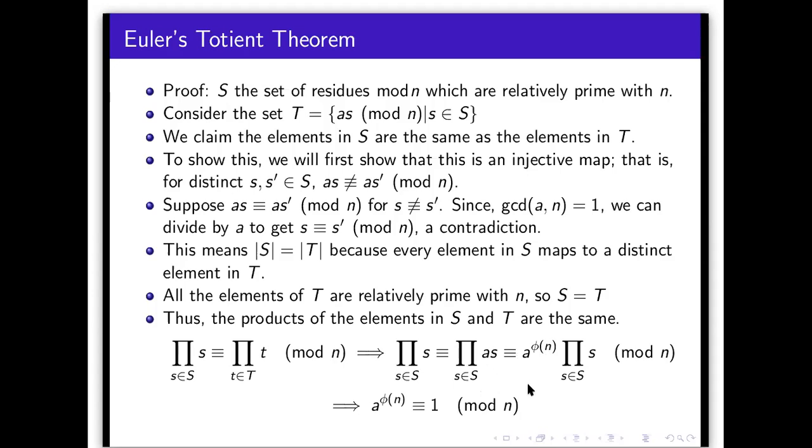So this is equal to a to the phi of n times this same product of the elements in S. And since all of these elements in S were relatively prime to n, we can divide them out, and we just get a to the phi of n is 1 mod n.